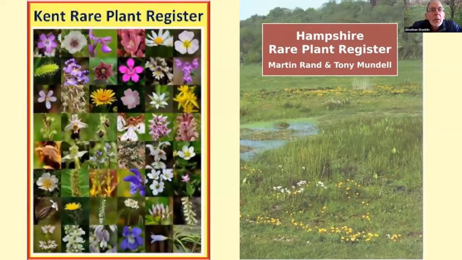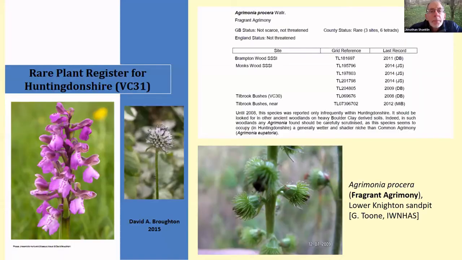So what do these registers look like? Some are beautifully illustrated, detailed documents that describe the locations of all the plants and the threats that they face. Many are available online, and I've just used a selection of those to illustrate one particular species, which is locally or regionally extinct in Cambridgeshire, but is present in neighbouring counties, and that's Agrimonia procera.